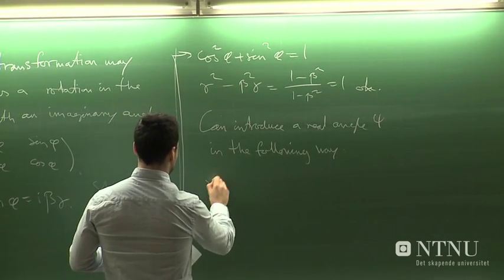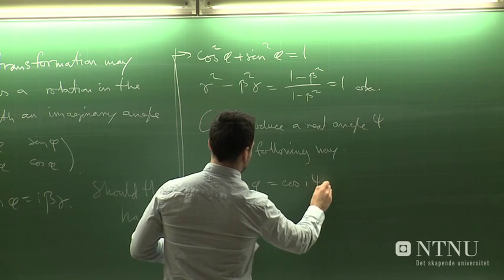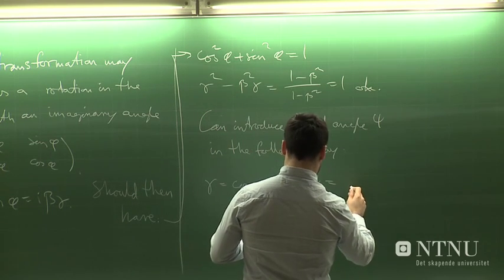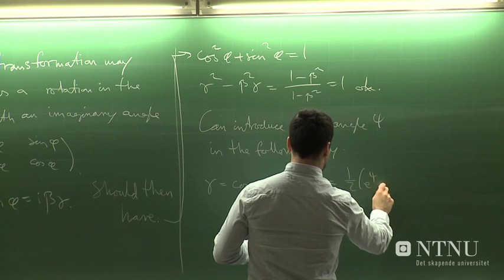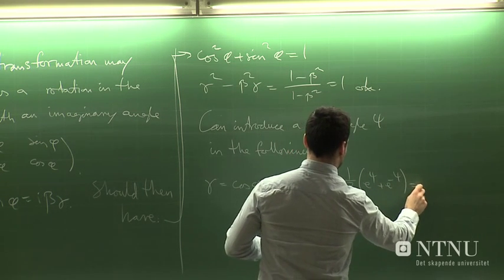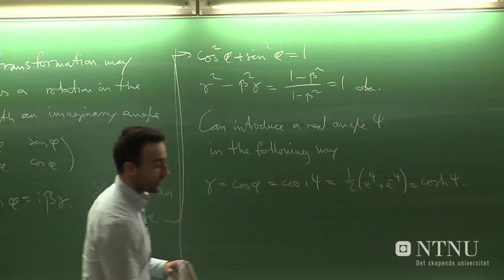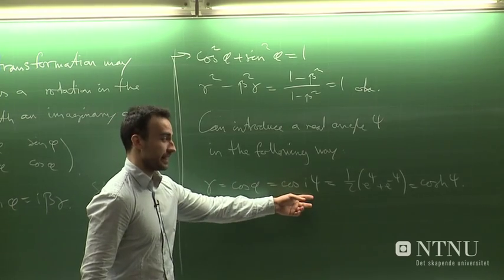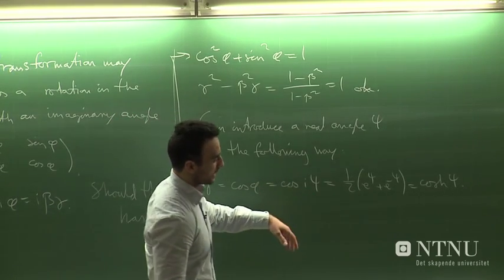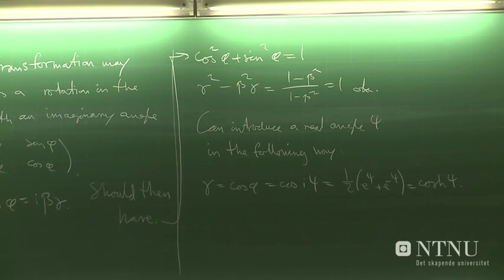So we can write this. So instead of phi, we use i psi, in which case this becomes represented by a hyperbolic cosine.